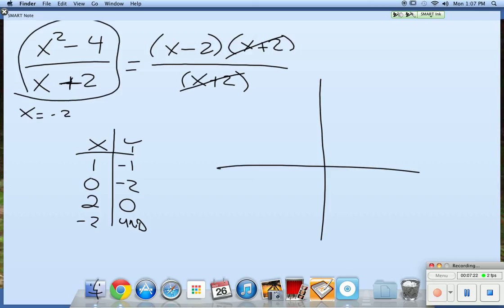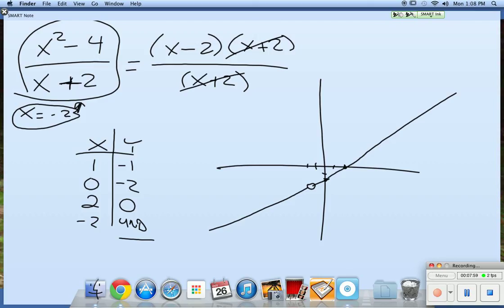So if I was going to graph this, if my x is 0, I'd be down 2. If my y is 0, I'd be over 2. So I'd essentially be coming this way. We'd get to this point, we'd put an open circle, because when x equals -2, it's undefined. We figured that out up here.